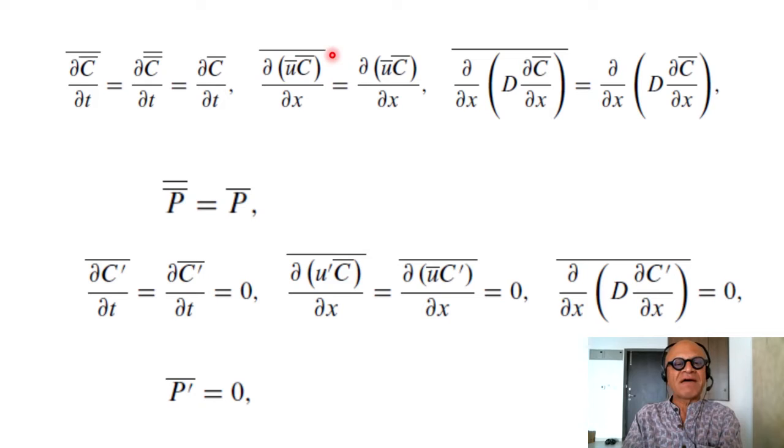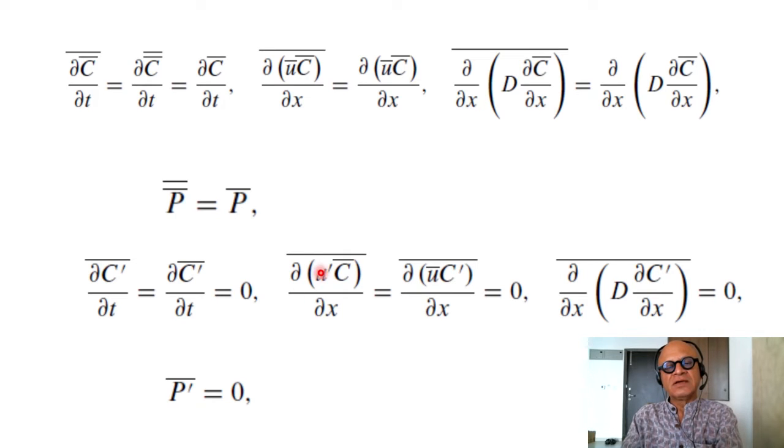These are time averages. The time average of p bar is again just p bar, and by the same token as we did before, the time average of dc prime dt is 0. The time average of d u prime c bar dx is equal to d u bar c prime dx. Both of them have to go to 0.